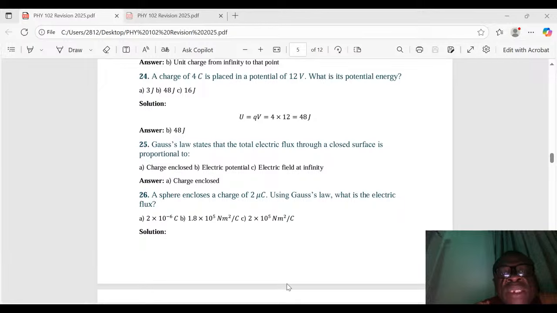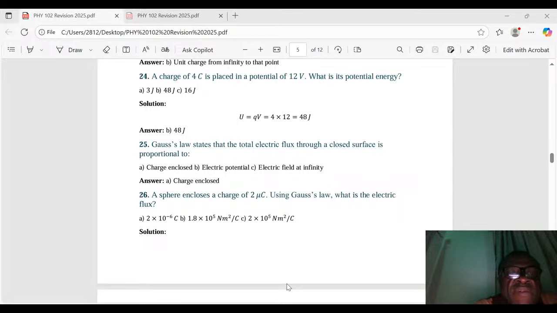What is the potential energy? U is equal to QV. That is the formula for the potential energy. Q is given and V is given. So by the time you multiply that, you have 48 joules. Always know the formula, substitute, and get the right answer with the right units. So the answer is B, 48 joules.